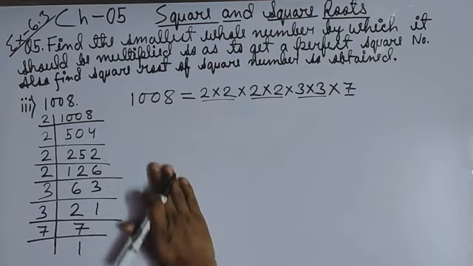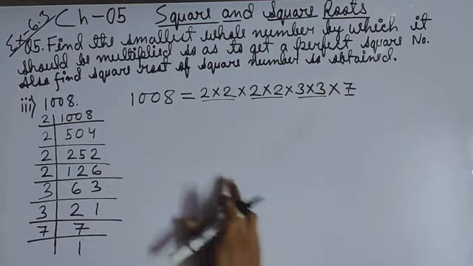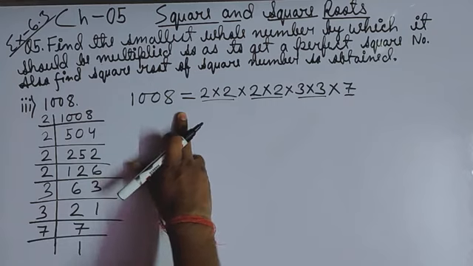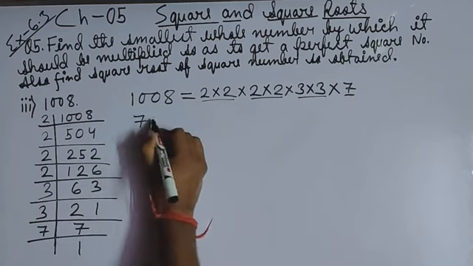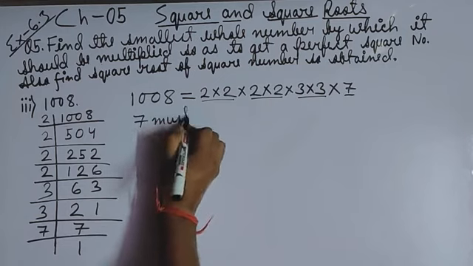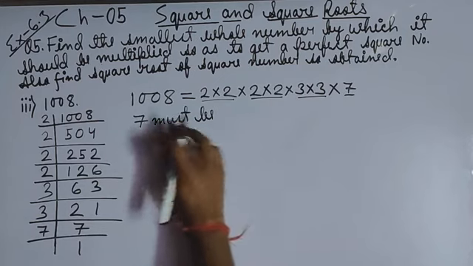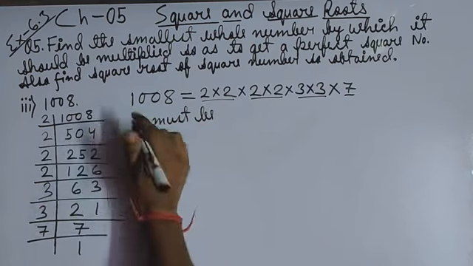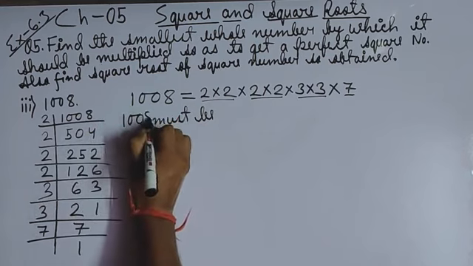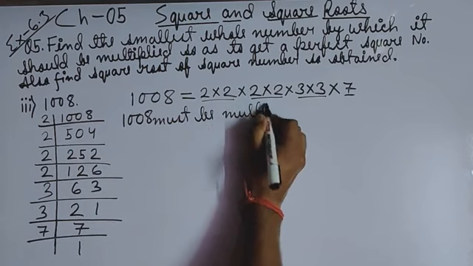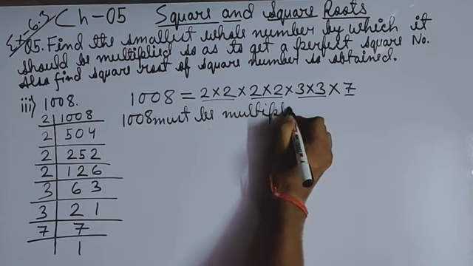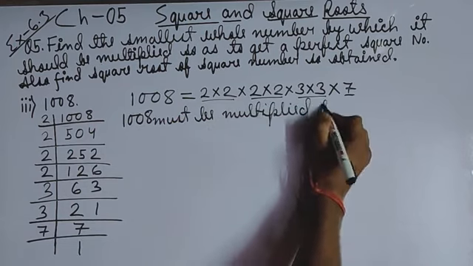So what will be the answer? 7 is the whole number that should be multiplied to 1008 to become a perfect square number. So we will write down that 1008 must be multiplied by 7.